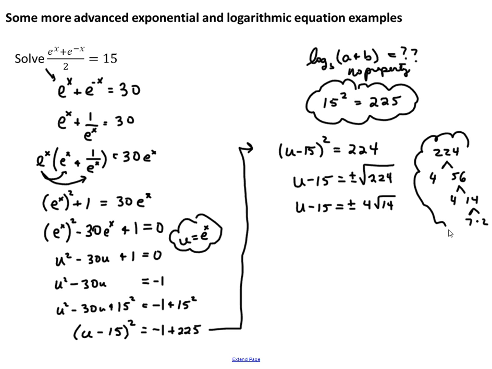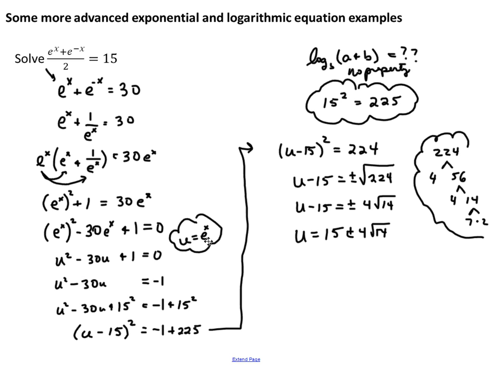Don't forget that what's happening here is we take that 224 and break it up to look for the perfect square factors. And so u would have to be equal to 15 plus or minus 4 times the square root of 14. In fact, 15 is greater than 4 times the square root of 14. Don't forget, this 225 was 15 squared, so 224 has a square root that will be less than 15.